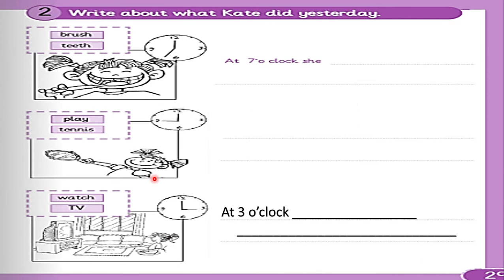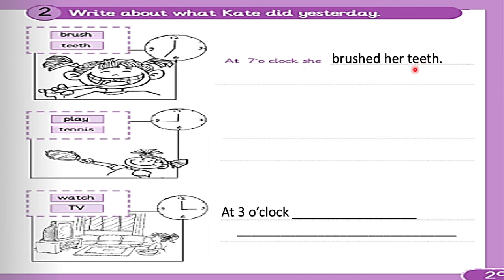Now let us also look at this task. Write about what Kate did yesterday. Again, it is in the past because what? Yesterday. Here is Kate. Here we have 7 o'clock, brush teeth. At 7 o'clock, she brushed her teeth.